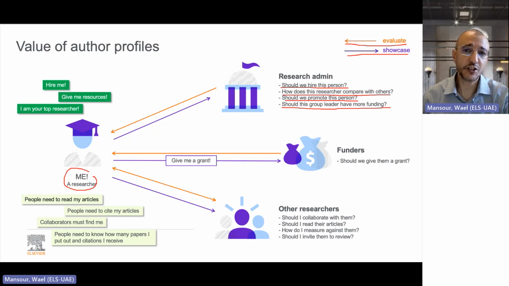So these are questions coming from the institution, related to the evaluate part, coming from your institution, you as a researcher. The other type of institution is funders. Funders are also looking at your profile to see if they should give you the grant.